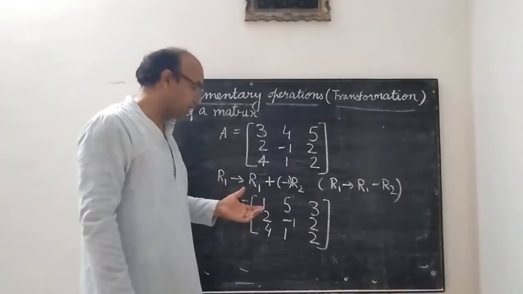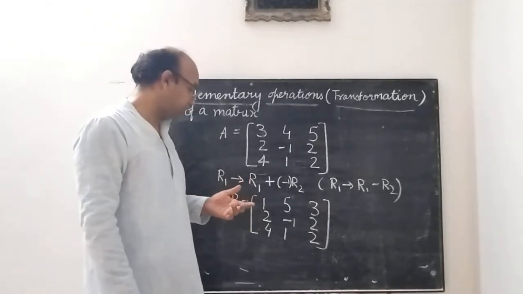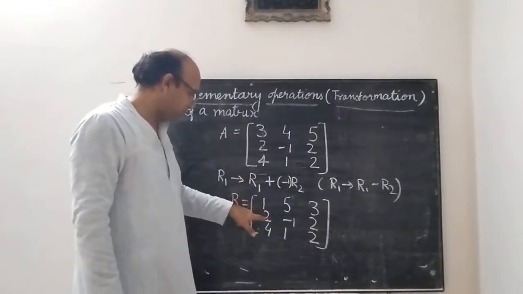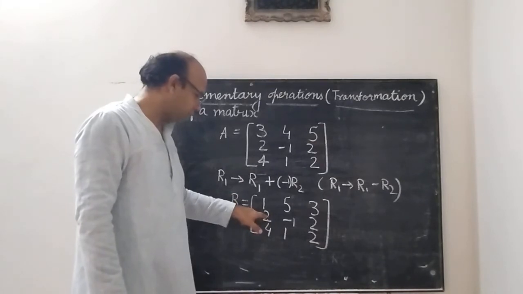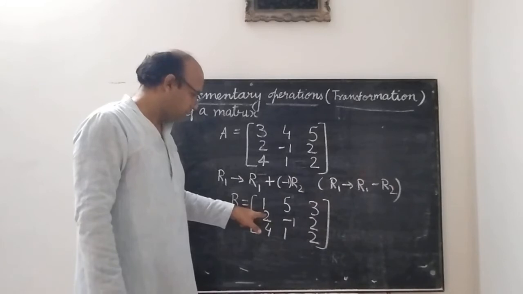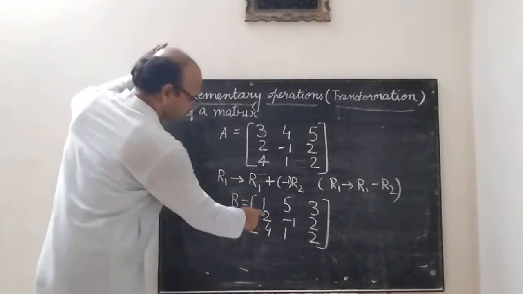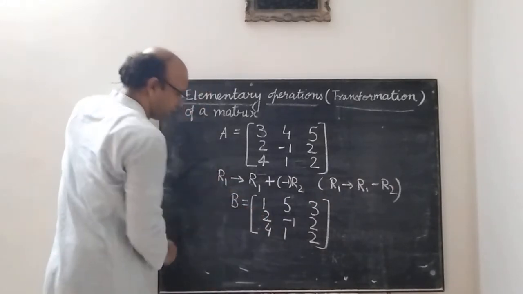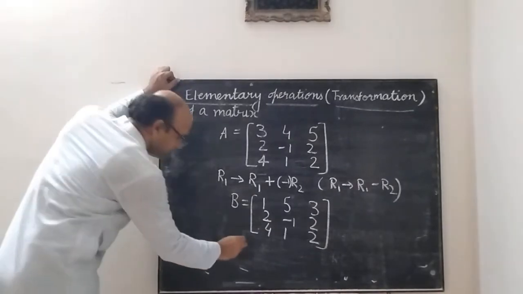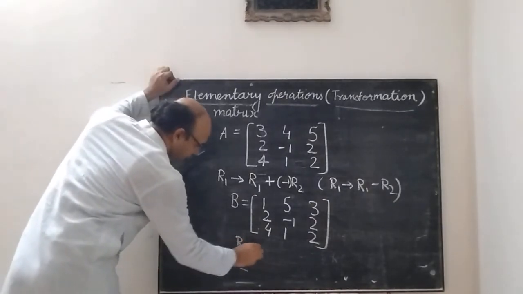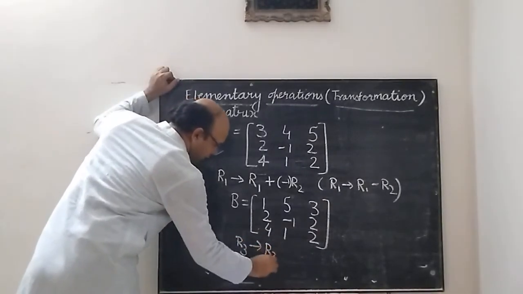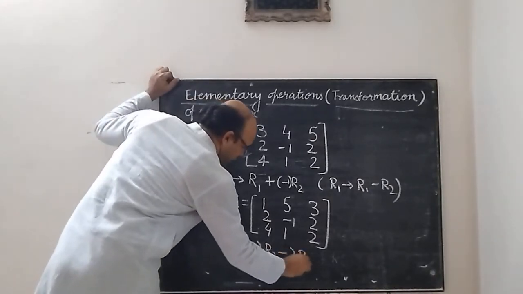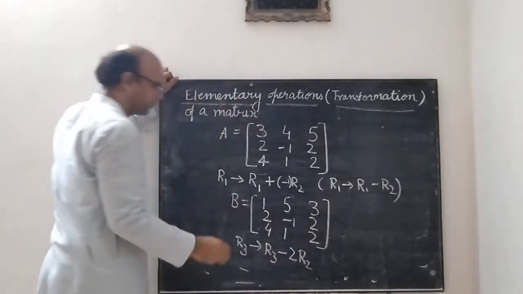So there are at least two options. One is basically with the help of this one. If you just apply the row operation and multiply this by 2 and subtract from R3, so we could have the operation R3 is R3 minus 2 times of R2.